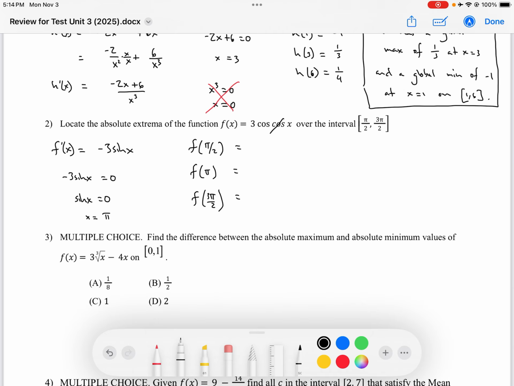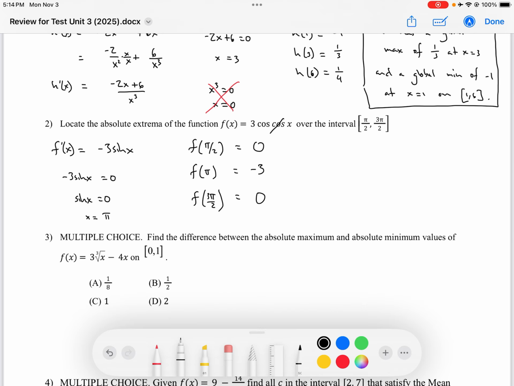Plugging in pi halves, cosine of pi halves is 1, so that's going to be 3. Cosine of, wait, that's not right. Cosine of pi halves is 0, so that's going to be 0. Cosine of pi is negative 1, so that is going to be negative 3. And cosine of 3 pi halves is again 0.